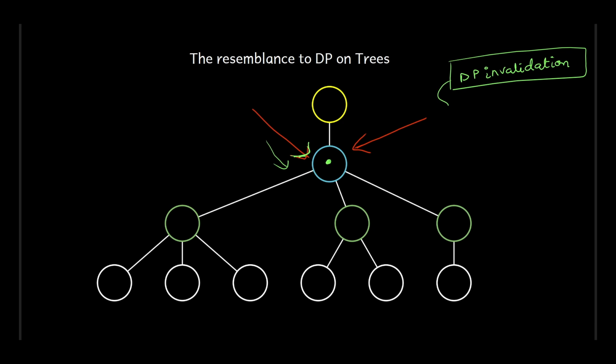And also, suppose you are adding a parent over here, if you want to make sure that the DP value of this is not invalidated, then you have to track the parameter of the parent right from the start.